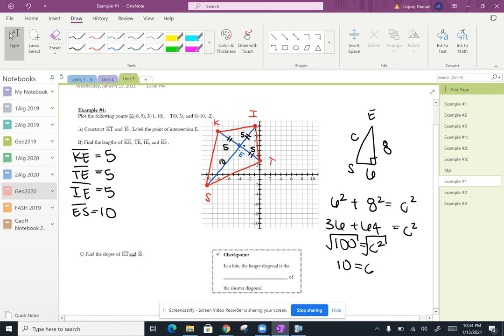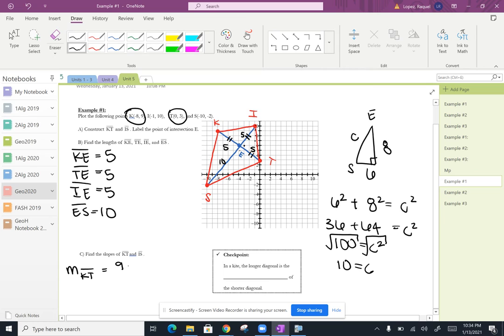All right, and then the next thing that they want us to do is to find the slopes of KT and IS. So the slope of KT, well, for that, I'm just going to go ahead and plug that into y2 minus y1 over x2 minus x1. So I'm going to look at these numbers, so KT.